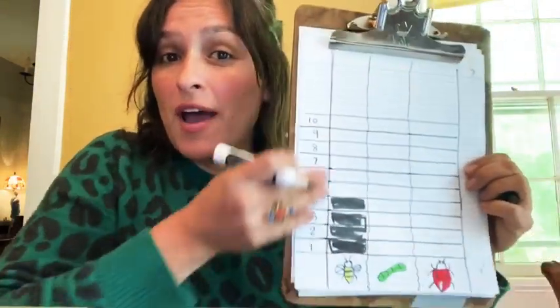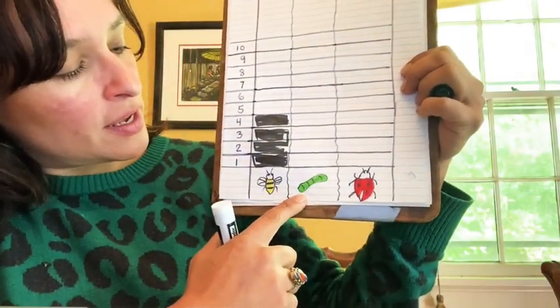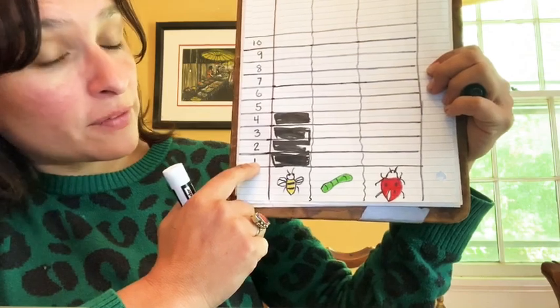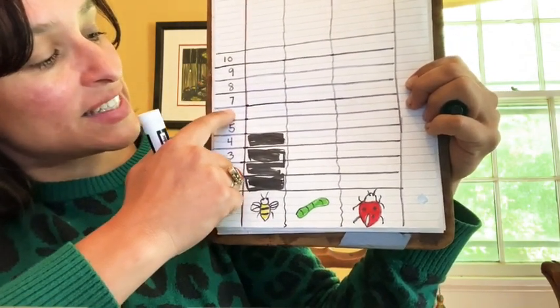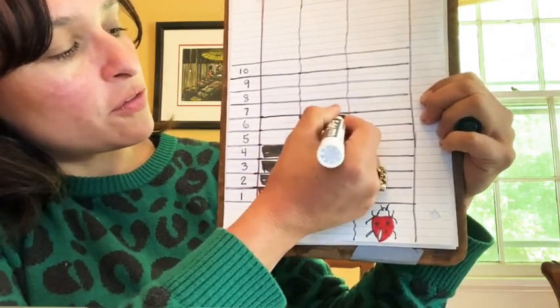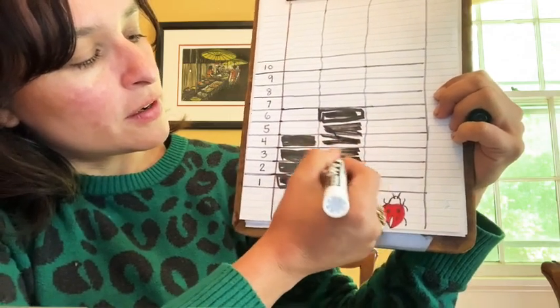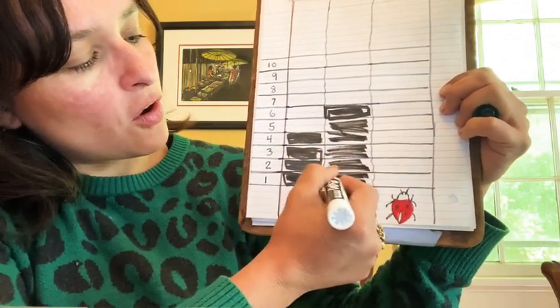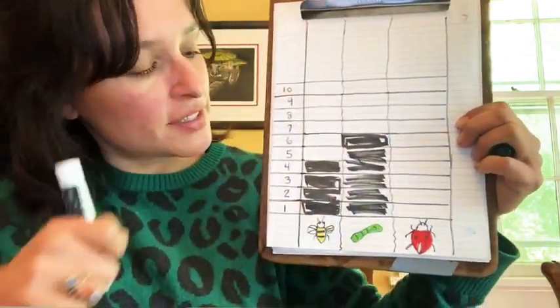This is called a graph. So here's my caterpillar. And let's see, we count 6. 1, 2, 3, 4, 5, 6. Look at that. 6 is more than 4. And I'm coloring all of the spaces because we counted 6.